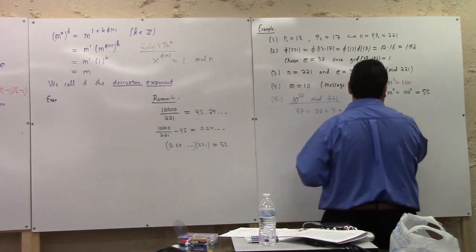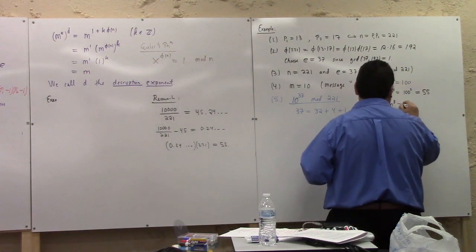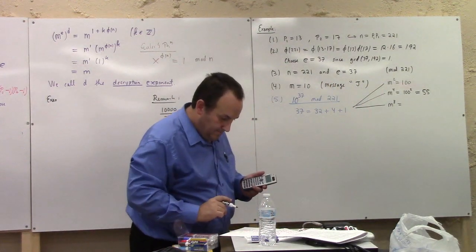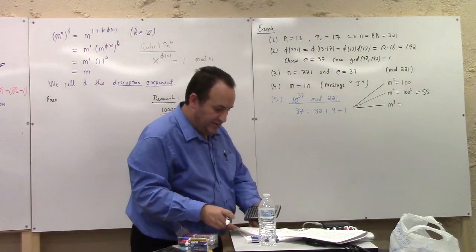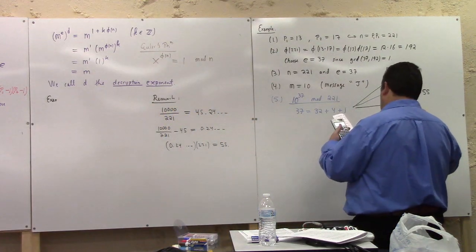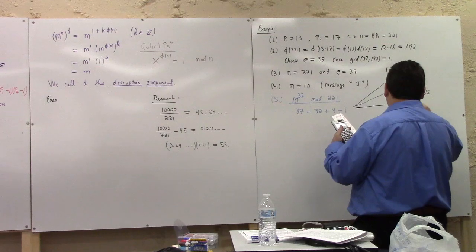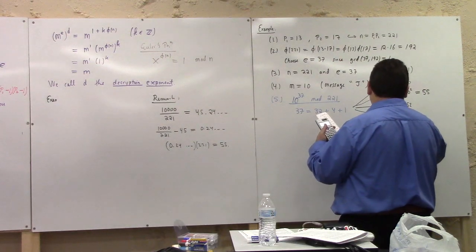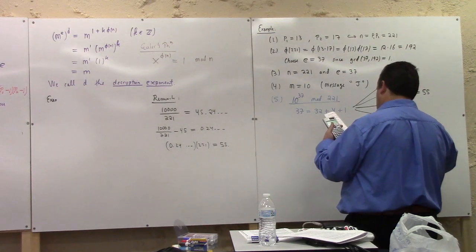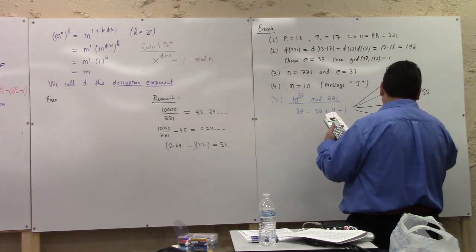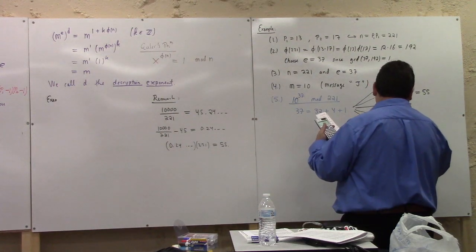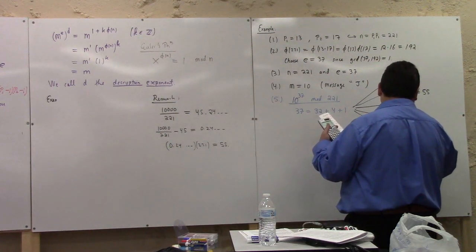Now, continuing here, m to the 8th works out to 152, m to the 16th works out to 120. M to the 32nd, I'll work this one out.